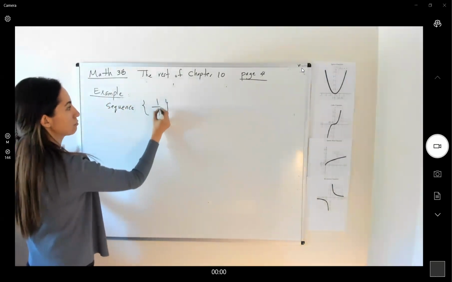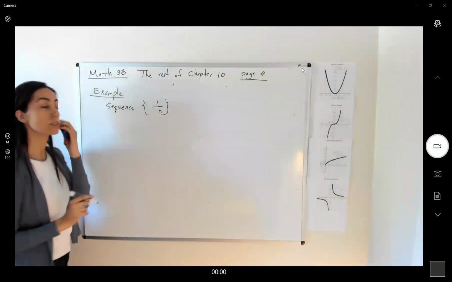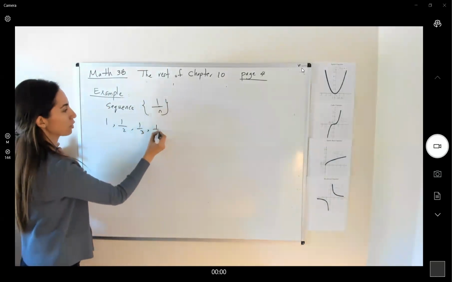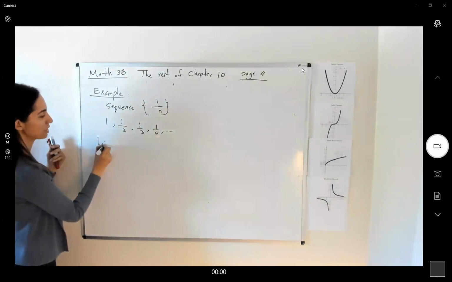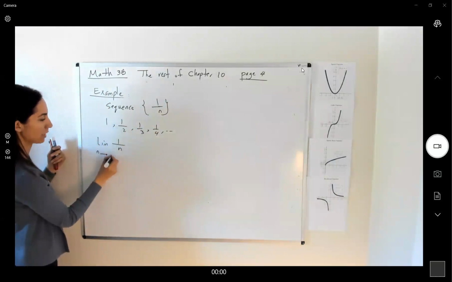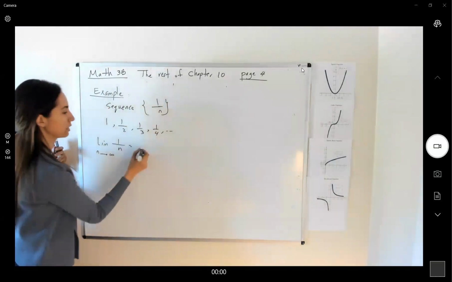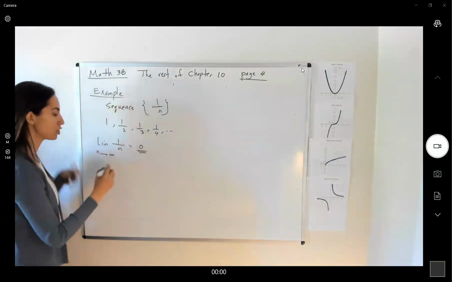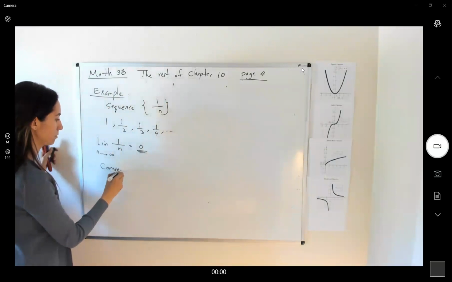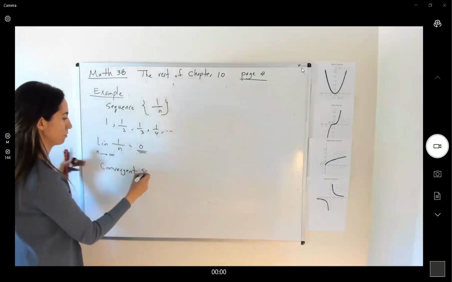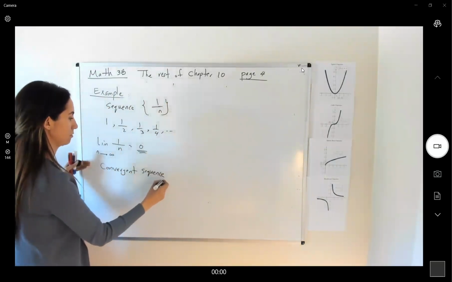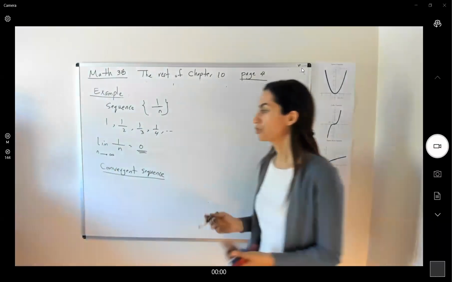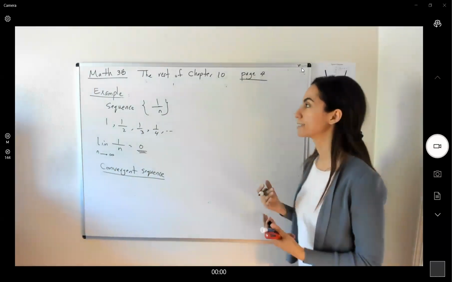If you list some terms of this sequence, it's 1 over 1, 1 over 2, 1 over 3, 1 over 4, and so on. If you take the limit of 1 over n while n goes to infinity, it is 1 over infinity, or 0. So what do you have here? You have a convergent sequence. It converges to 0.